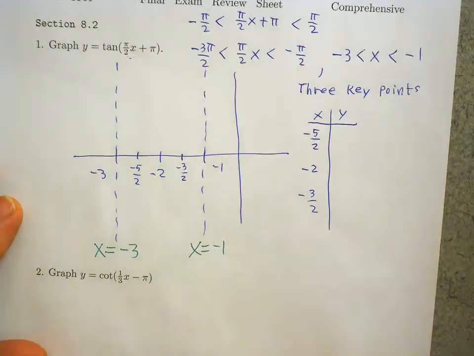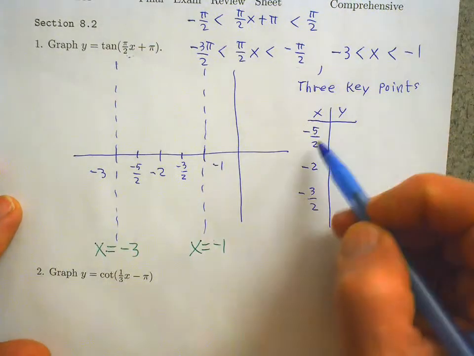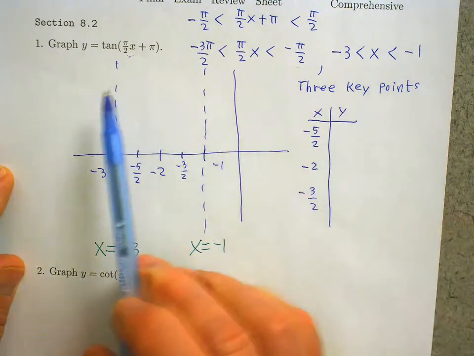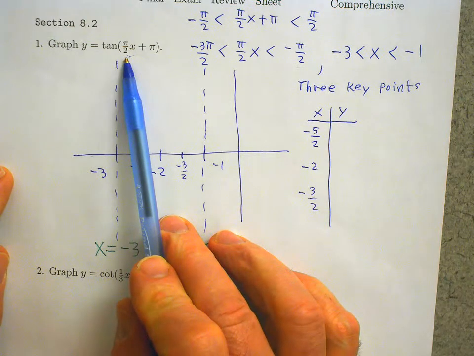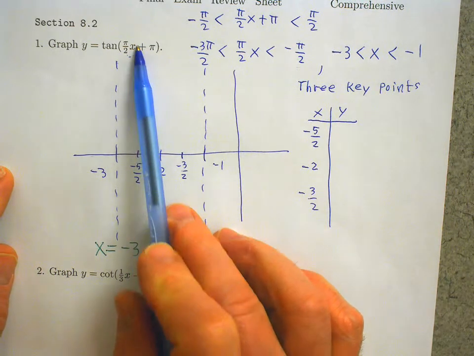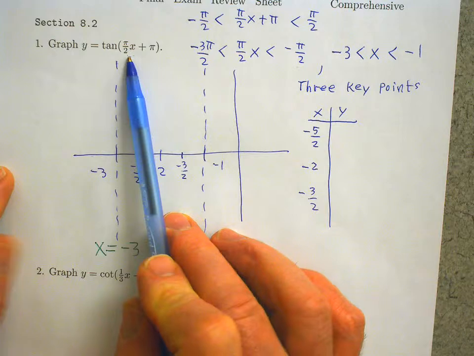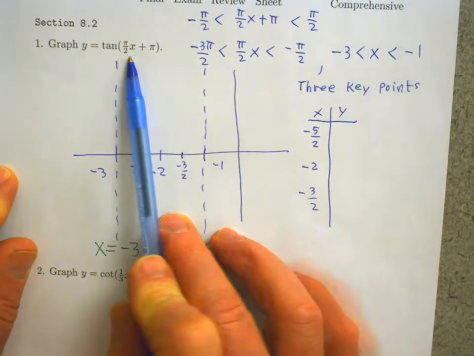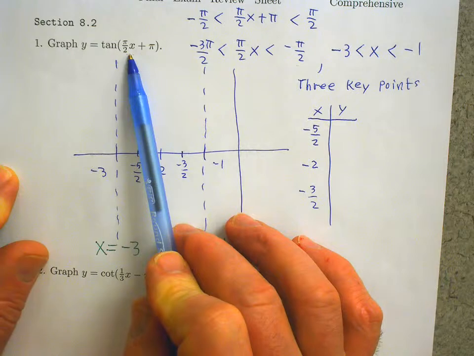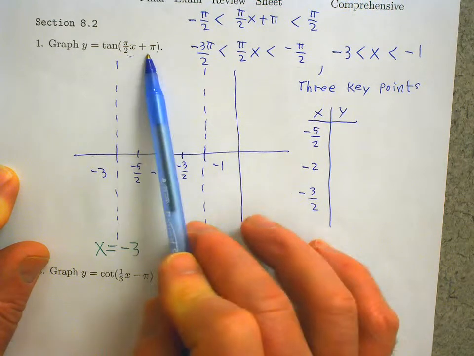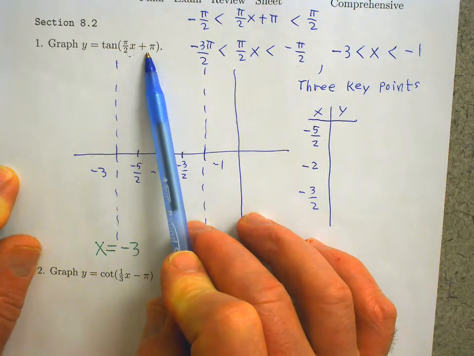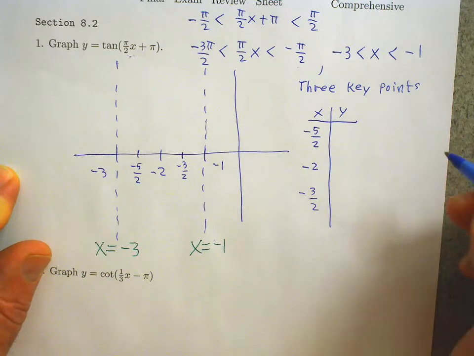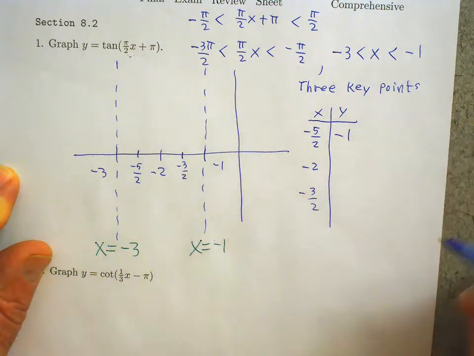Okay, then when x is negative 5 over 2, we get pi over 2 times negative 5 over 2 is negative 5 pi over 4, and negative 5 pi over 4 plus pi is negative pi over 4, and the tangent of negative pi over 4 is negative 1.